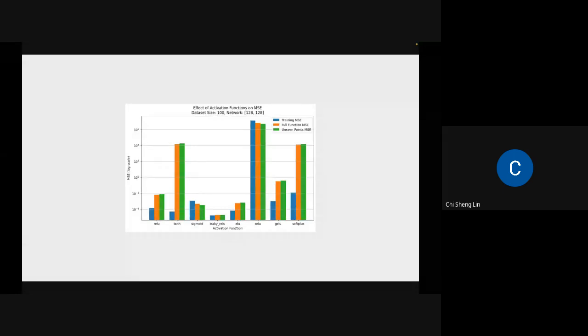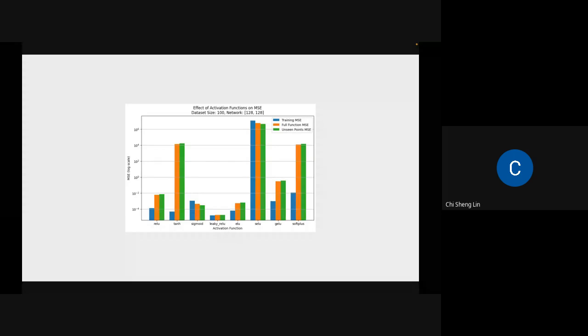Other moderate performers are ReLU, the rectified linear unit, which I think performs worse possibly due to some dying neurons, and the GELU, the Gaussian error linear unit, which is better than Softplus, but not as good as ELU or leaky ReLU.